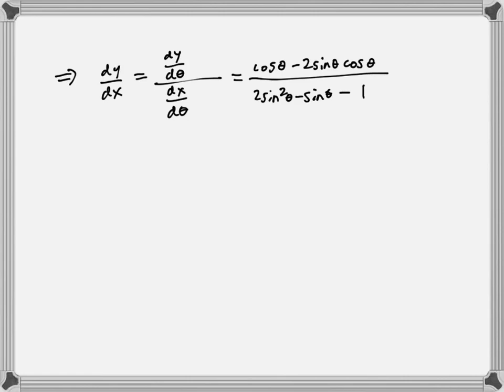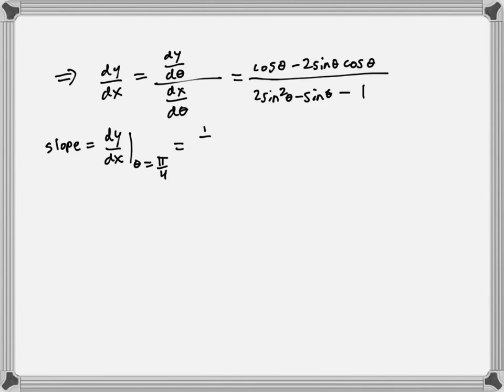Now, this is nice. We found our derivative, and so part 1, or part A, asked us to find the slope and the tangent line when theta is equal to pi over 4. So let's start with the slope. The slope is going to be dy dx at theta equals pi over 4. So let's go ahead and plug in pi over 4 into this.